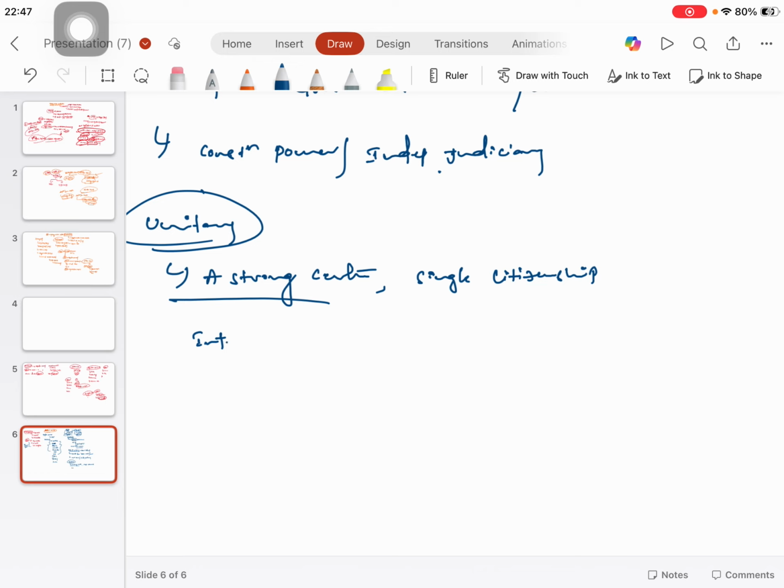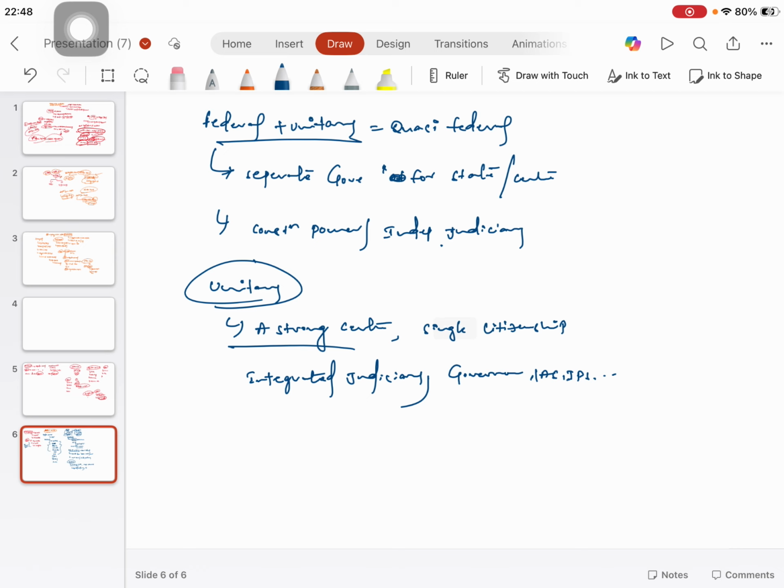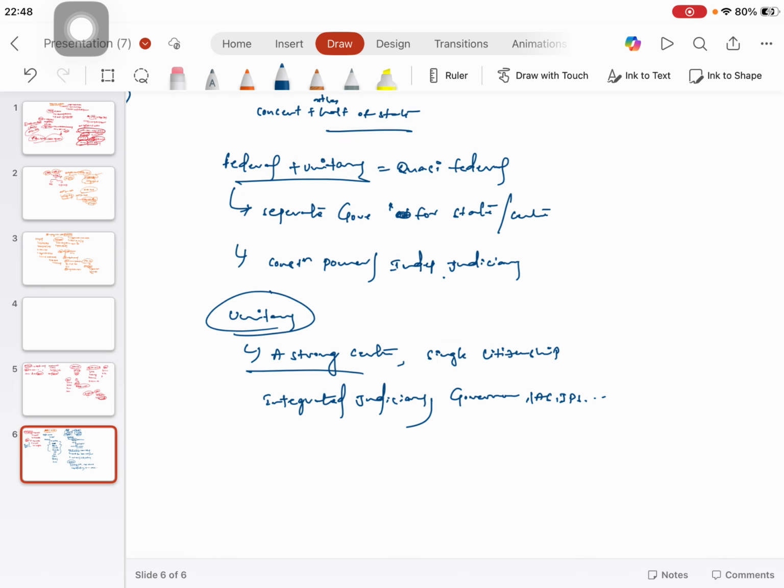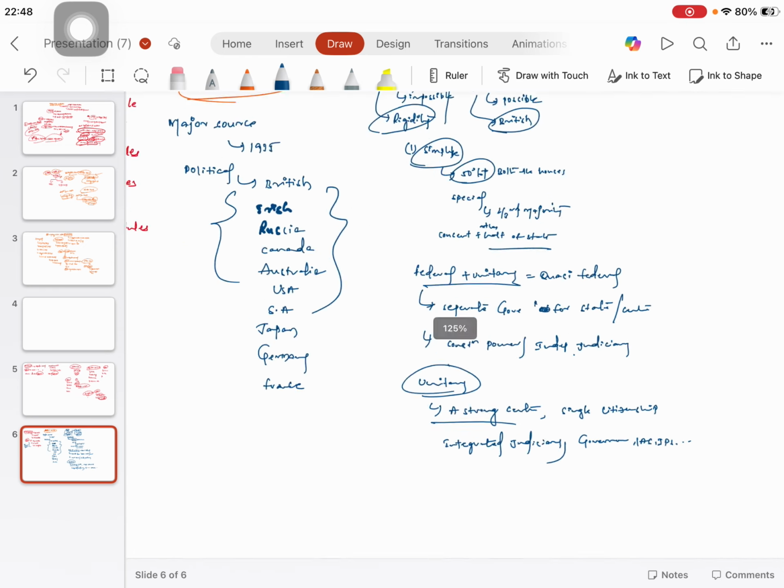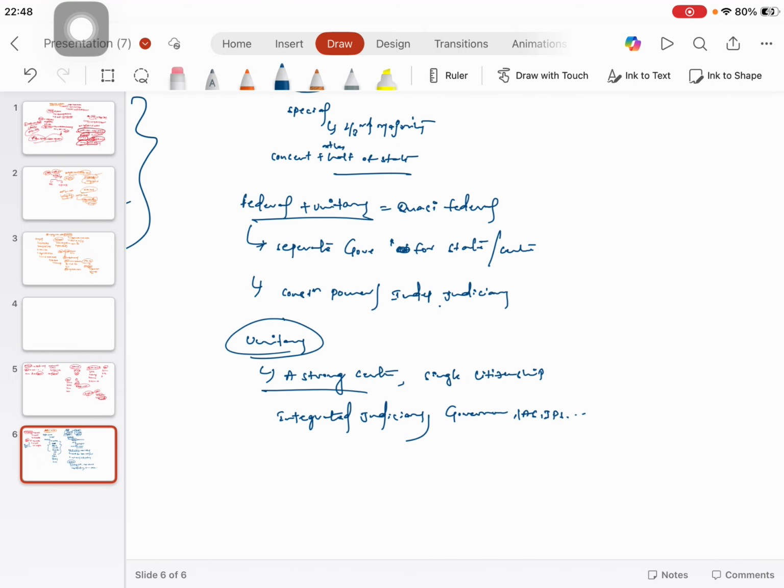Here we have integrated, not independent. Appointment of governors: the center appoints governors, IAS, IPS, etc. officers. This is about unitary features.